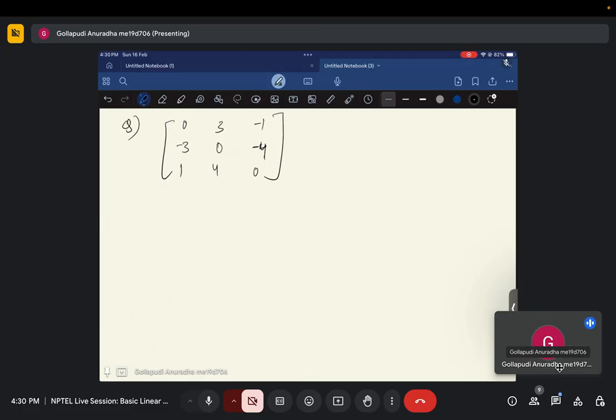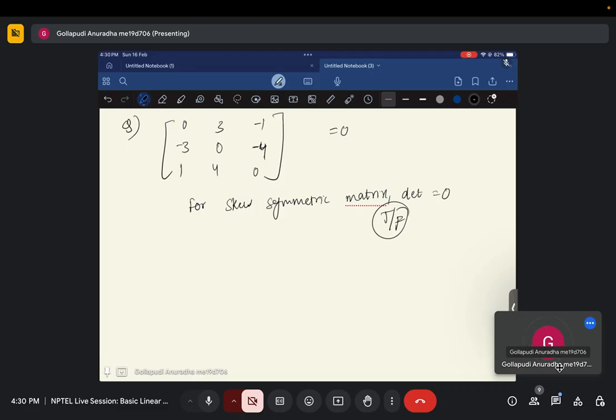Can you say directly the answer for this? Zero. So now I'm saying the statement: for a skew symmetric matrix, determinant is 0. True or false? Answer should be false.